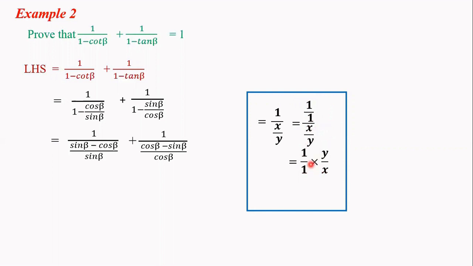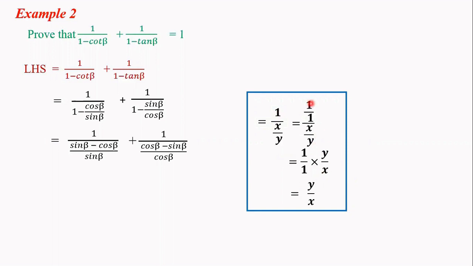The denominator will transform to multiplication with its reciprocal. That is, y goes up and x is in the bottom line, that is in the denominator again. And when we multiply, we have y by x.